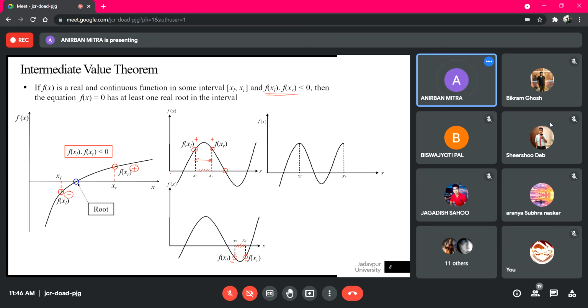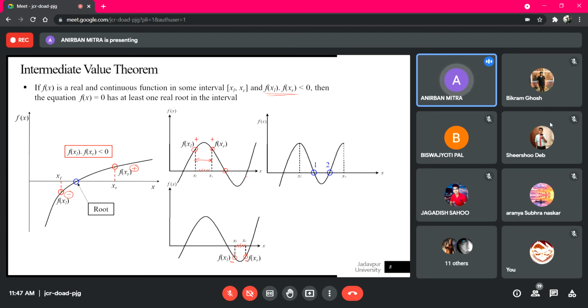XL gives us a positive functional value, whereas XR also gives us a positive functional value. But here we see that within that interval, we have two roots. So does it violate the intermediate value theorem?